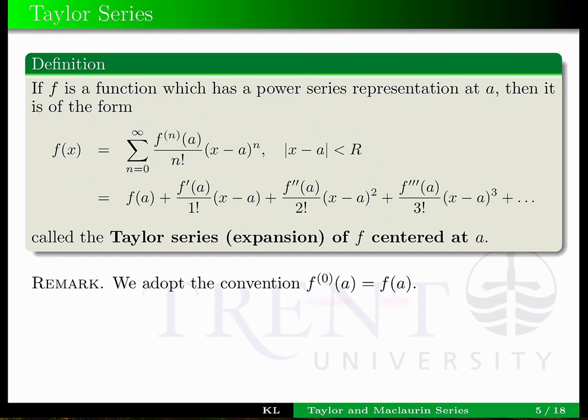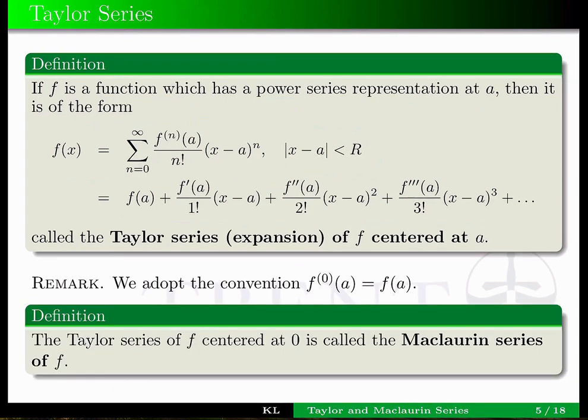Okay? Now, if your A is equal to 0, meaning the center of the power series is at 0, then we will call the series the Maclaurin series of f. So again, if you have a Taylor series, you are required to mention the center. However, if you say Maclaurin series, automatically your center will be at 0.